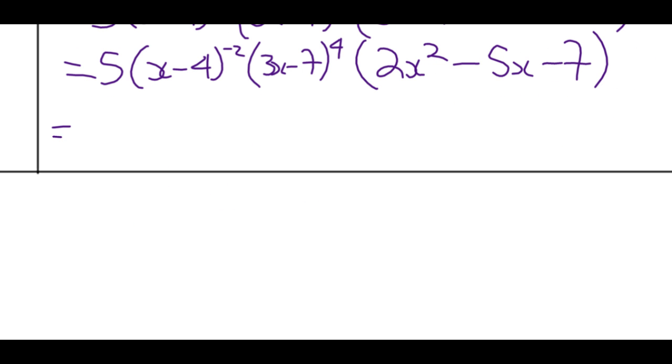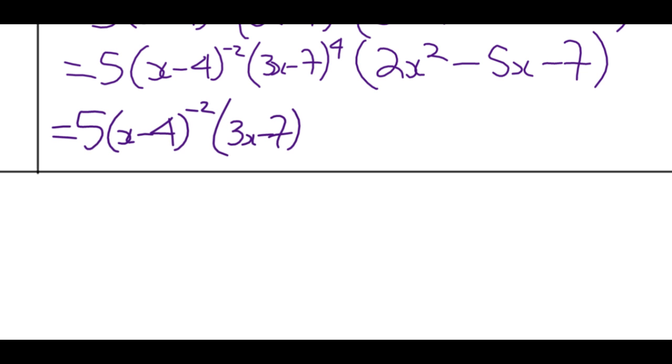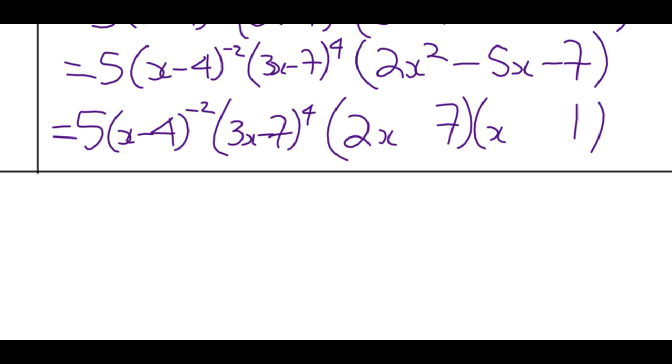Okay, so equals. So I need the 7 here and a 1 here, and it's got to be a minus 7. So 2x squared plus 2x minus 7x is minus 5x minus 7.